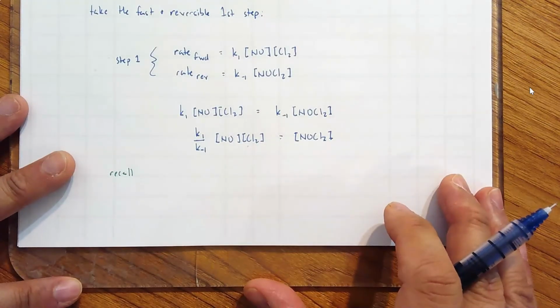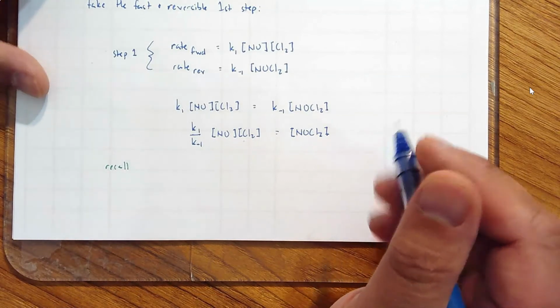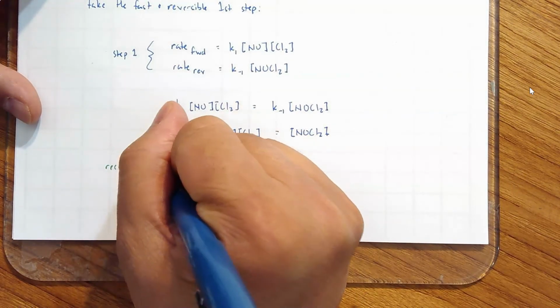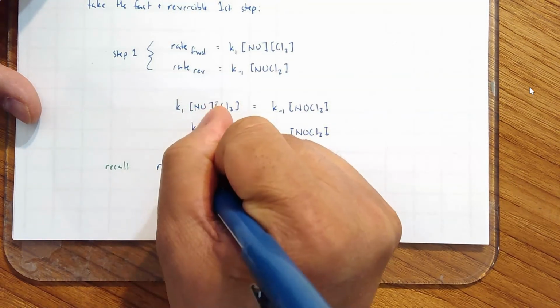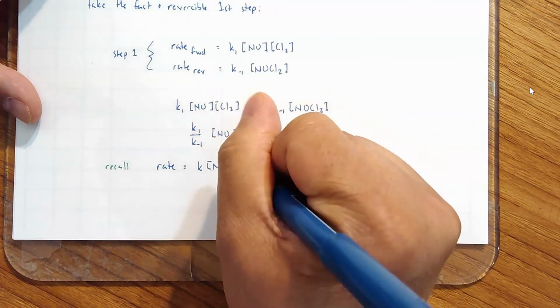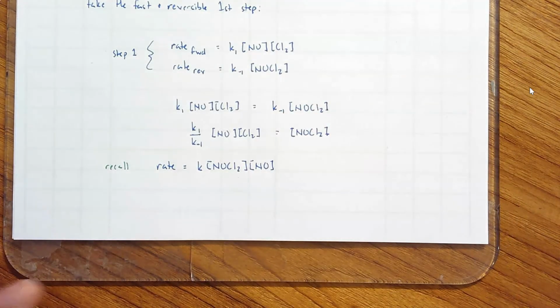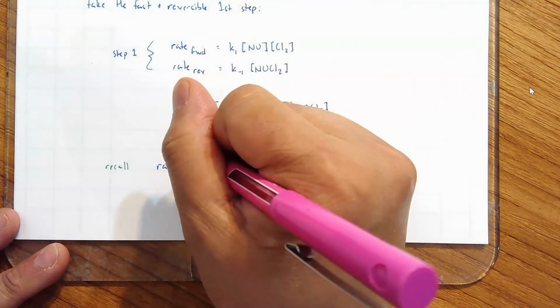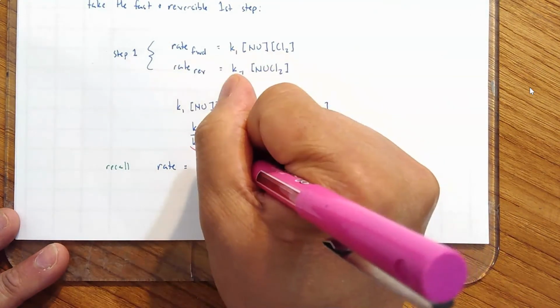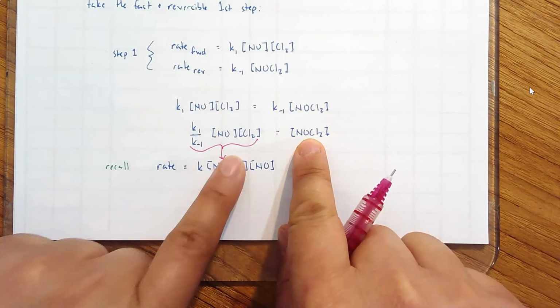let me scooch up here. Recall that we had the rate law expression for step 2, which is rate equals k times NOCl2 times NO. And we are going to take all of this here and replace it for that, because they are equal to each other.